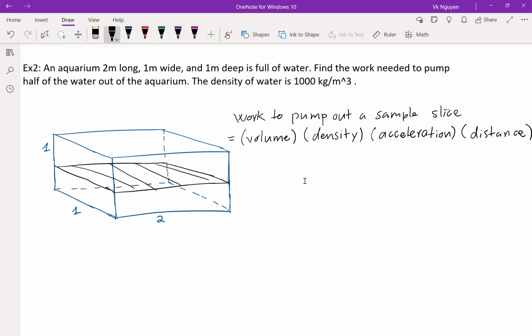The sample slice is just a rectangle. So the volume is the base area times the thickness. If you look at the base area here, there's length and width, 2 times 1. The thickness is dy.